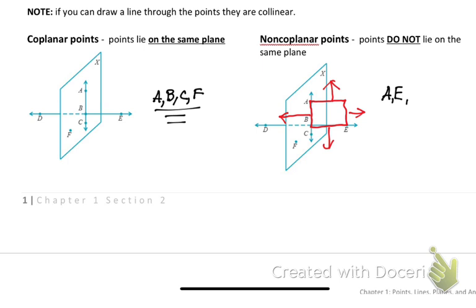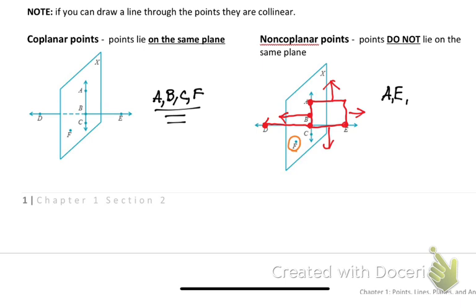So this plane consists of points A, B, C's on it, E's on it, and if we stretch this all the way over here, D is also on it. So this is basically, if you have a wall, you have another wall cutting through halfway through it. The only point that's not on this plane is actually going to be F. So that means A and E are on this one plane, F is on a different plane.